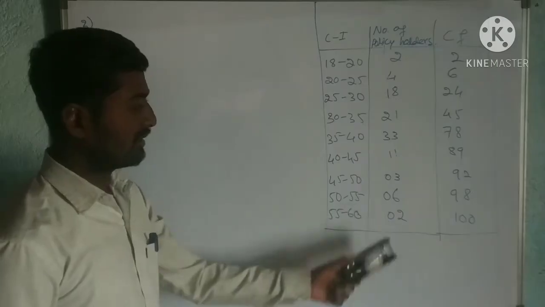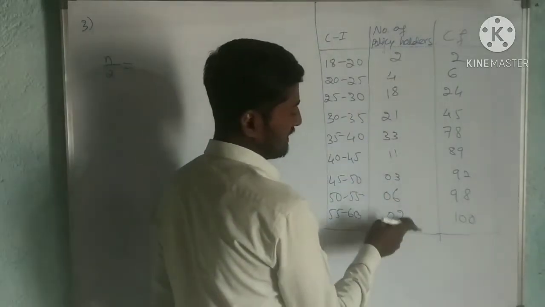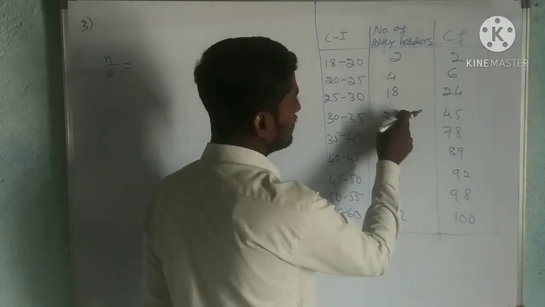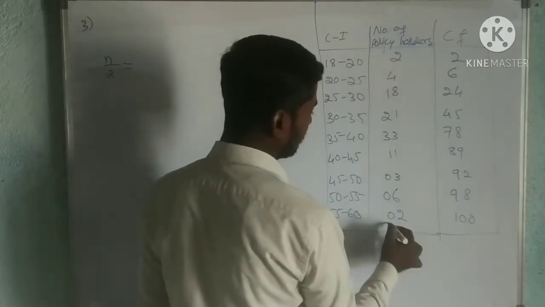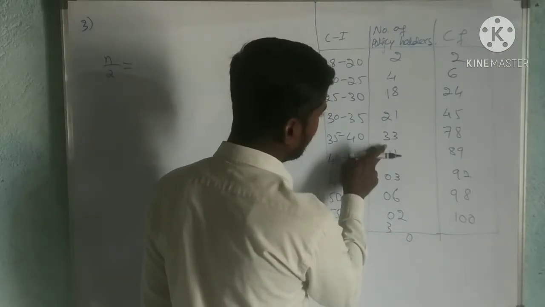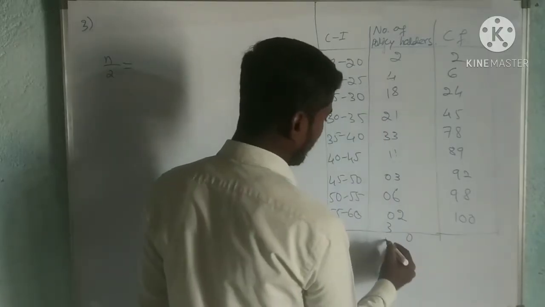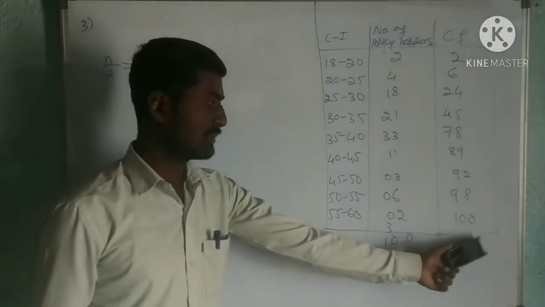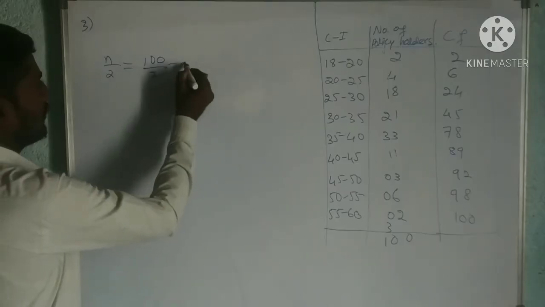Adding up all the frequencies, the total is 100 policy holders. 100 divided by 2, 50 I got.